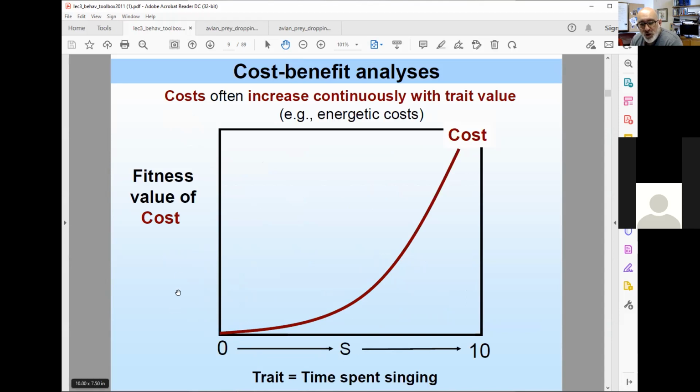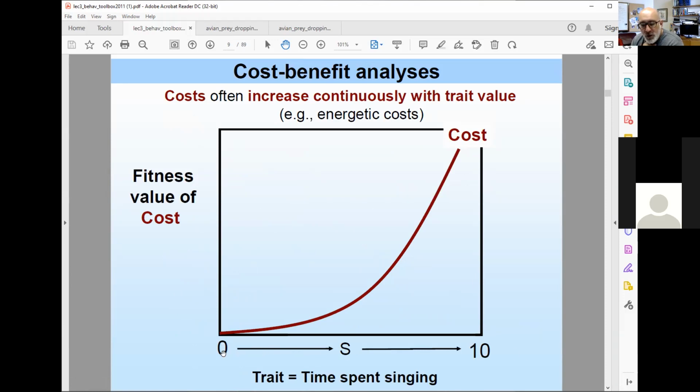So this is a cost curve. We're going to look at some of these graphs, and it's important to understand them. The first is the cost curve of the amount of time spent singing, again referring to those crickets.